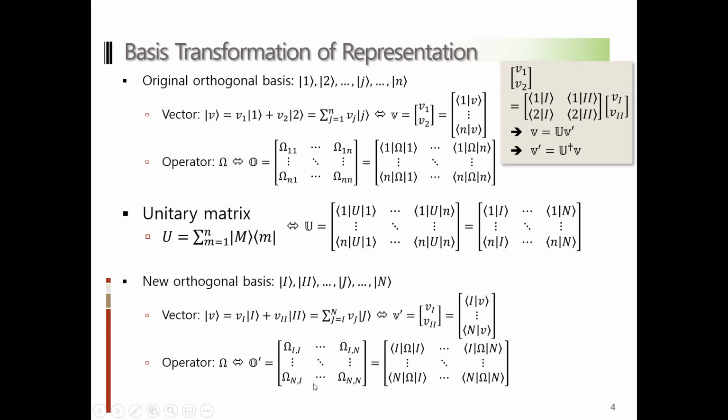So each representation will be different from each other, and the relation between these is also introduced in lecture number 4. These are the results we obtained in lecture number 4, and I'm going to use this relation in our discussion.